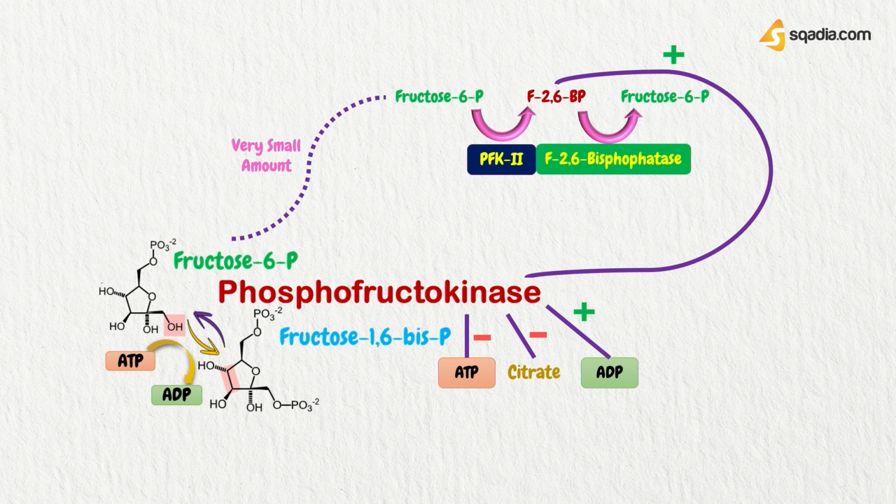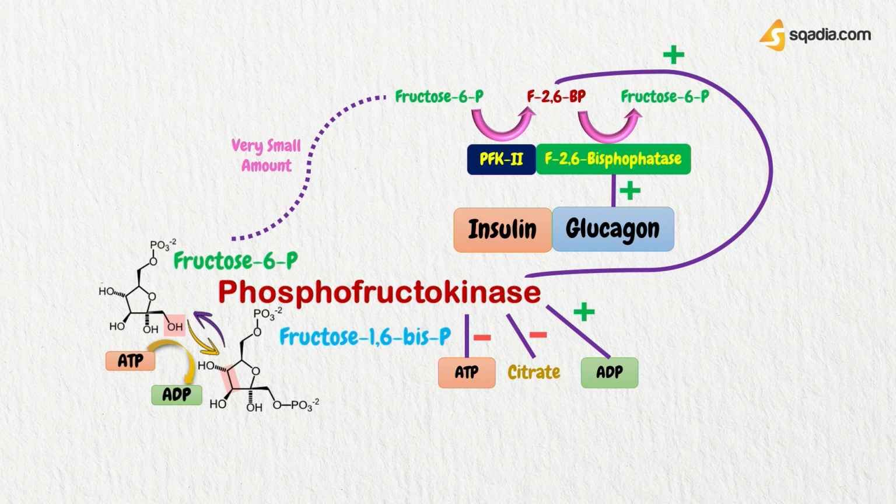All right, so this is the allosteric regulation of phosphofructokinase. So what about the hormonal regulation? Okay, it's going to be a little bit tricky, but bear with me. First there is insulin, and then there is glucagon. Whenever there are low levels of glucose in the blood, glucagon is going to upregulate fructose 2,6-bisphosphatase.